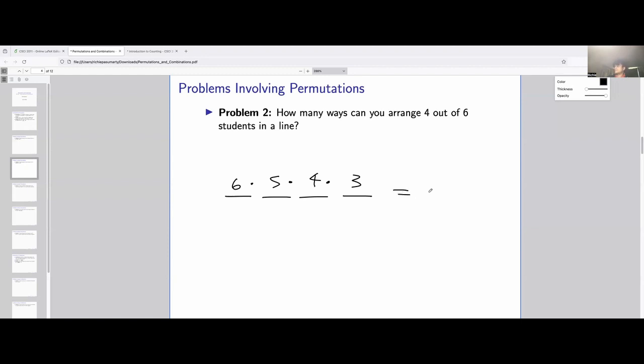I think this is 360. Do notice that this is P of 6, 4, which is equal to 6 factorial over 6 minus 4 factorial. If you like, you could verify that when you actually calculate this, it's equal to 360.